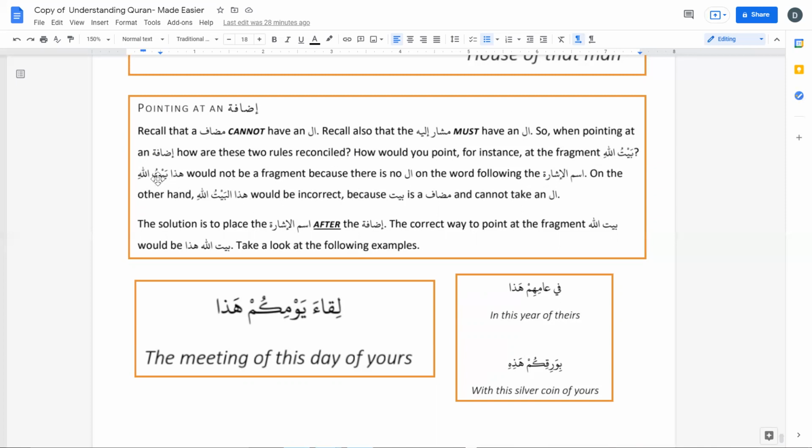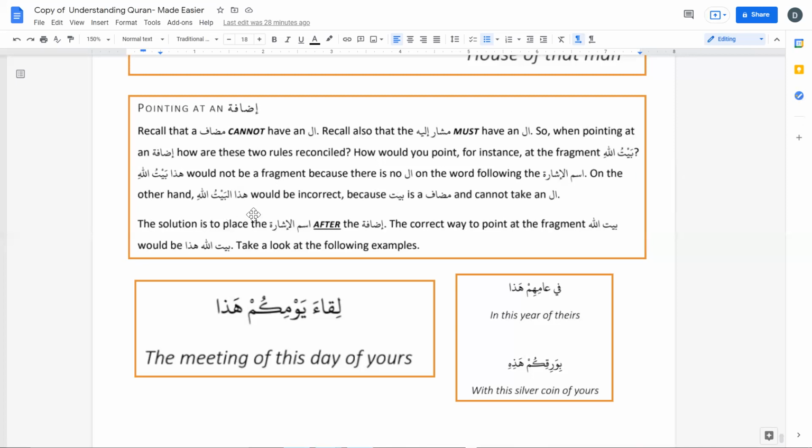So hadha Baitullahi would not be a fragment because there is no al on the word following the ism ishara. As we learned in our exercise today, this cannot be a fragment. This is a complete sentence: hadha Baitullahi, this is the house of Allah, because there is no al on Baitu, and Baitu cannot take al because it is coming as mudaf, right?